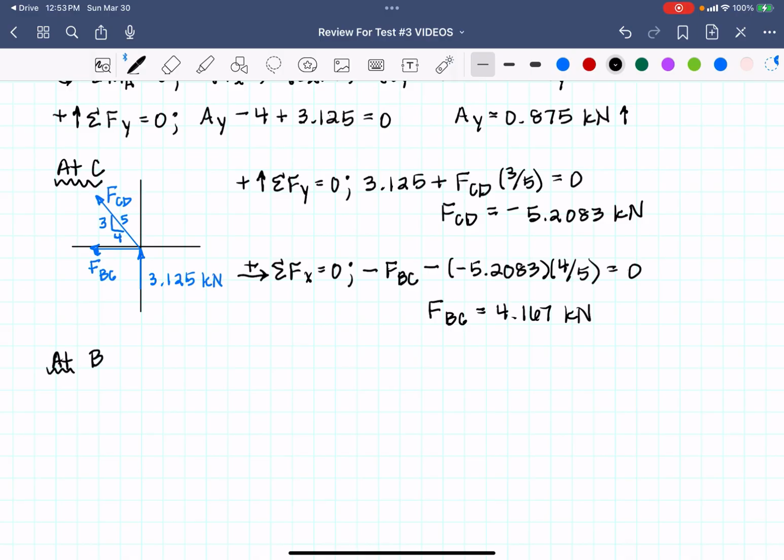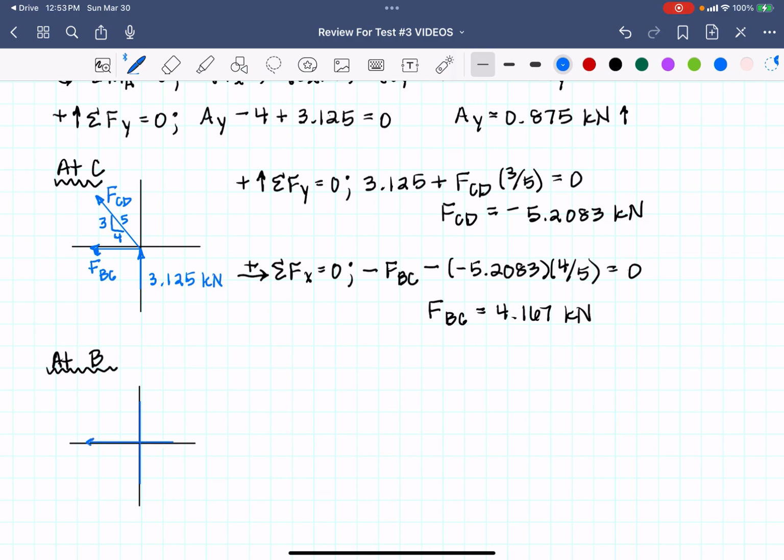because I think that, now that I have force BC, I can easily find all the forces at B. So I'm going to draw my x-axis, and I've got forces up and down, and I've got forces left and right.